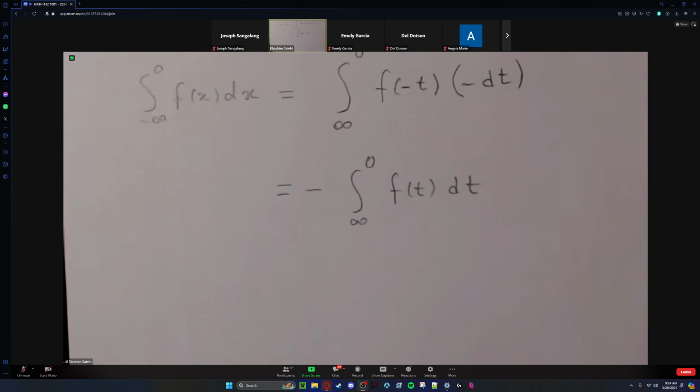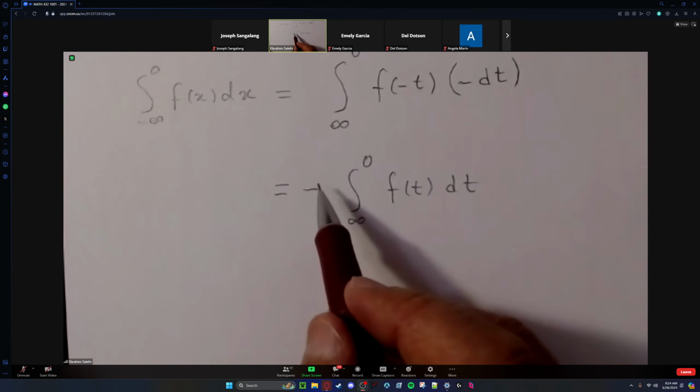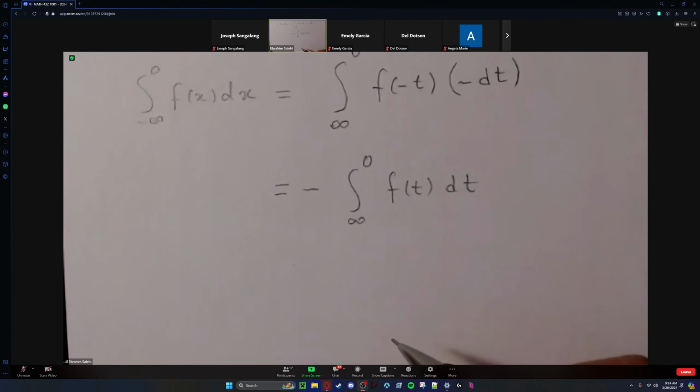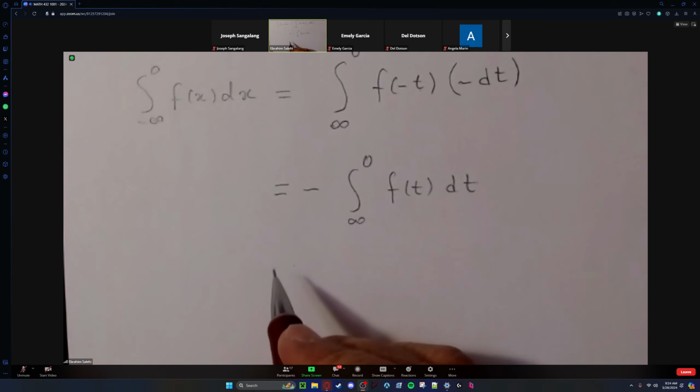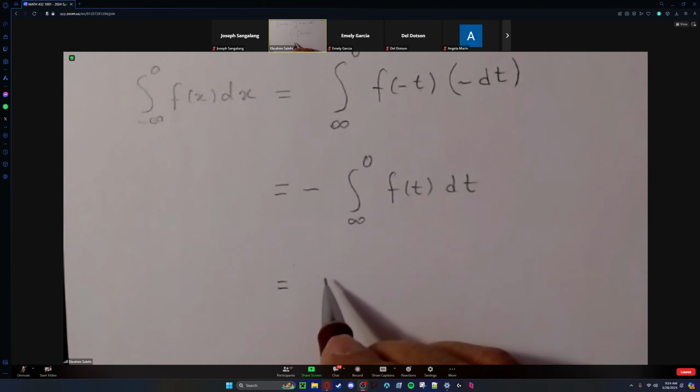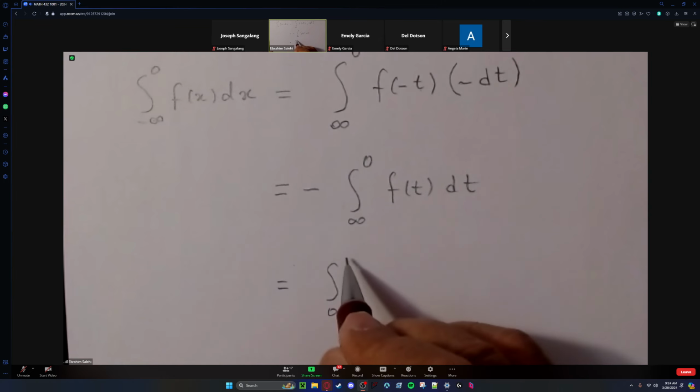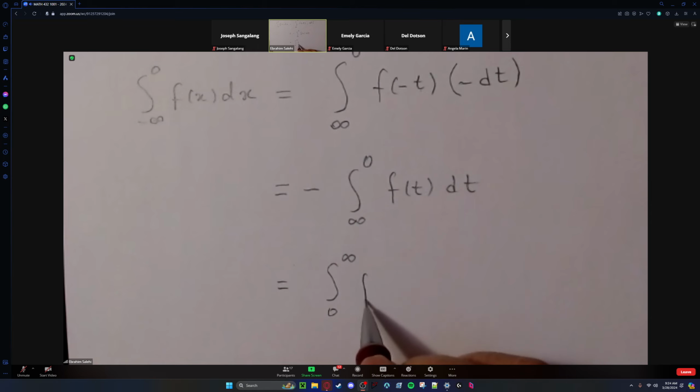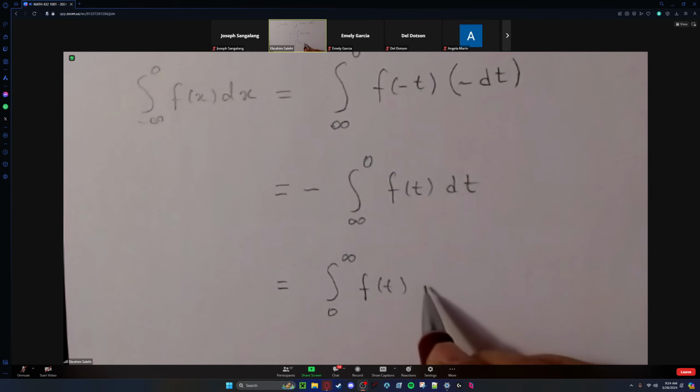Okay? But when you switch the limits of integration, the effect will be what? Negative. So this is 0 to infinity of f of t dt, okay?